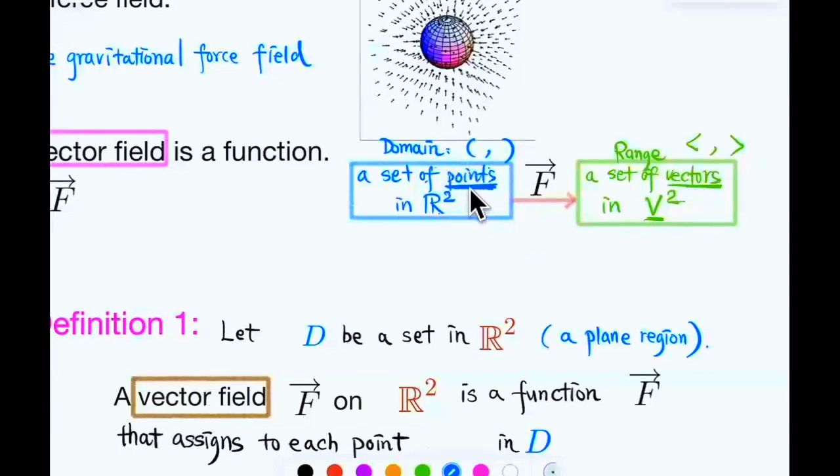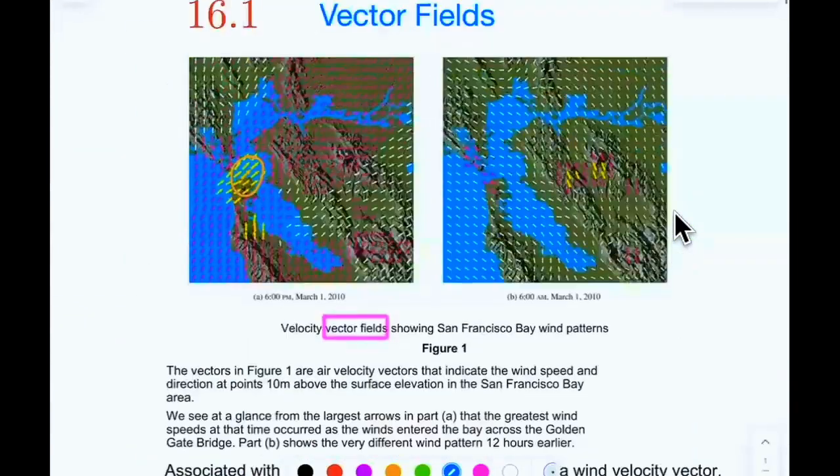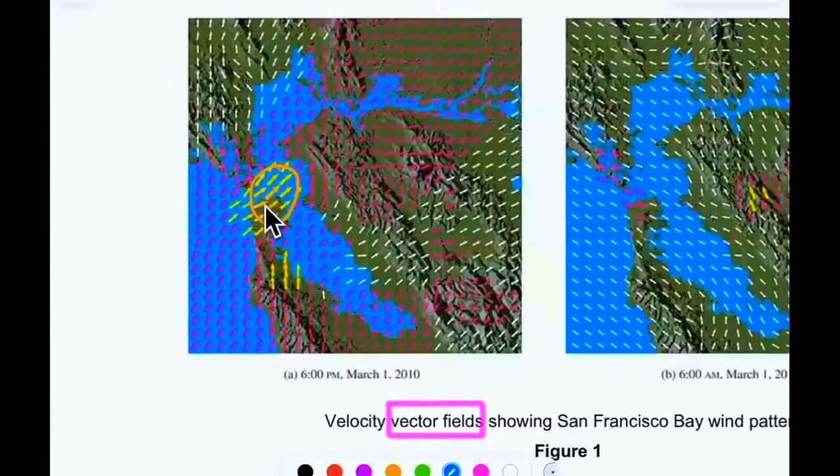So it maps a point in R2 to a vector in V2. Going back to this, you see that for every point on the square here, it assigns a vector, right? And the vector here is a two-dimensional vector. Every point has an arrow associated with that point.